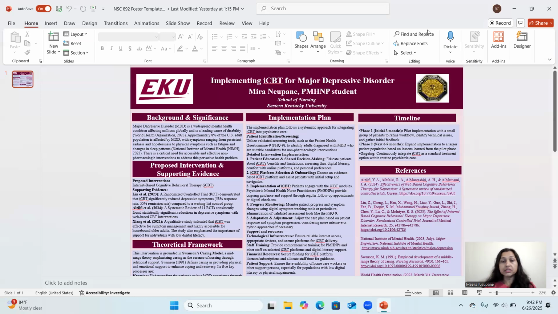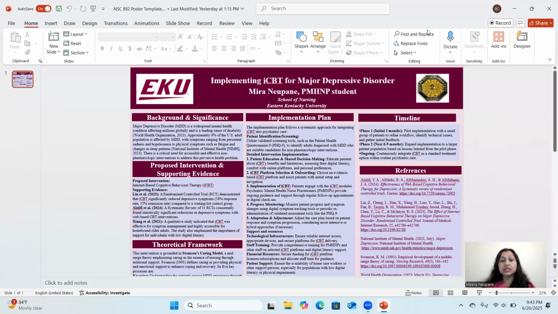Progress monitoring is the next step. We need to monitor the progress of our implementation. We need to check how internet-based cognitive therapy is working for the patient, and whether the symptoms are reducing or not. For this, we need to assess the patient again using the PHQ-9 tool.